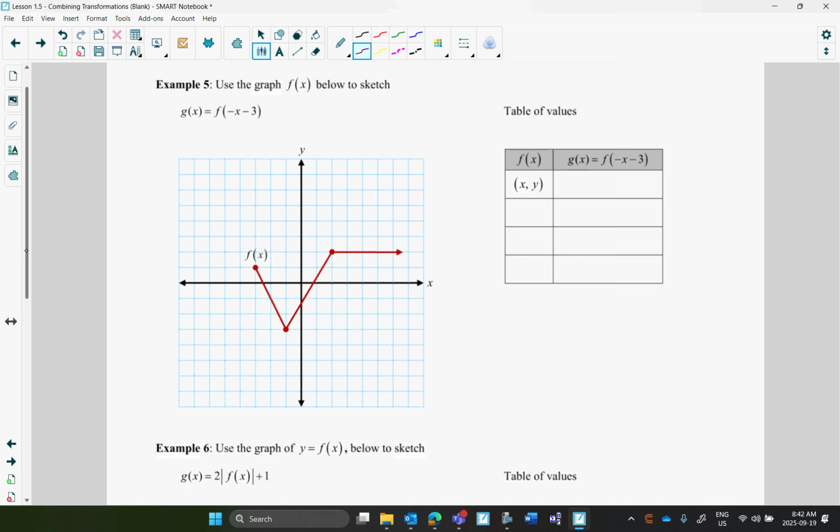But that means there should be parentheses between the negative and the x. So we have to factor out negative or -1. And when you do that, you get x plus 3. So that's what it should look like.